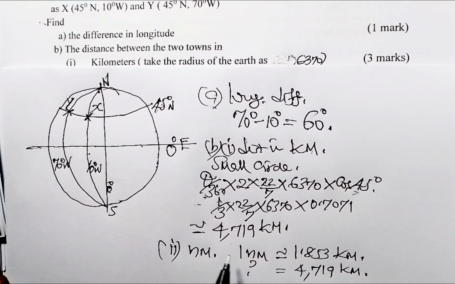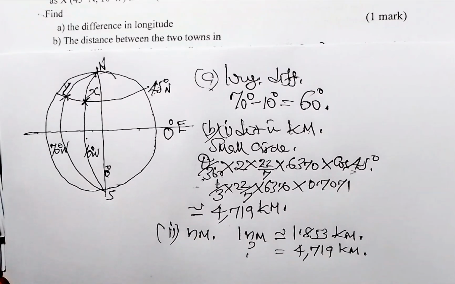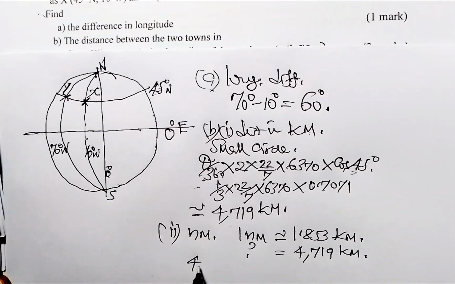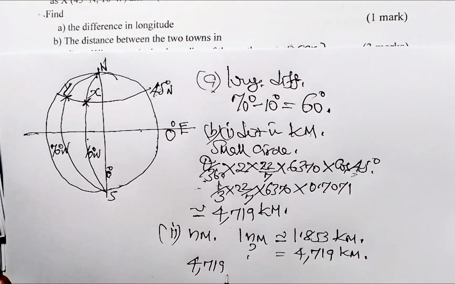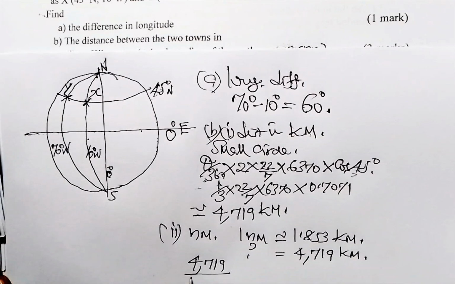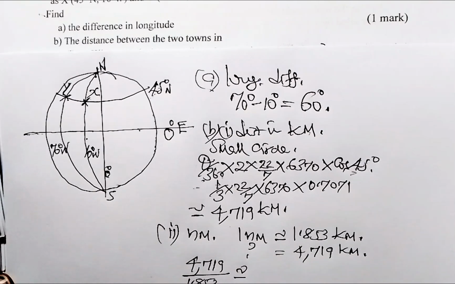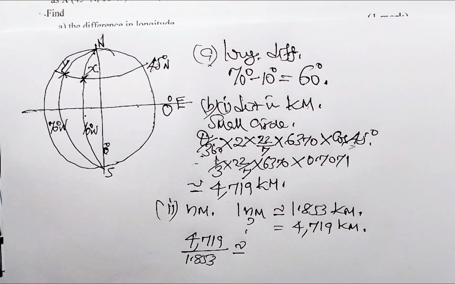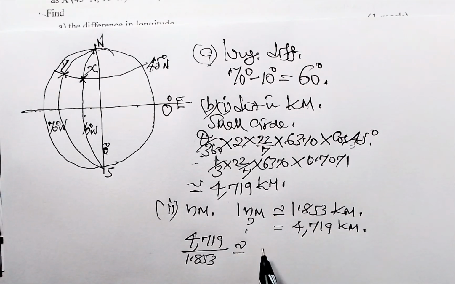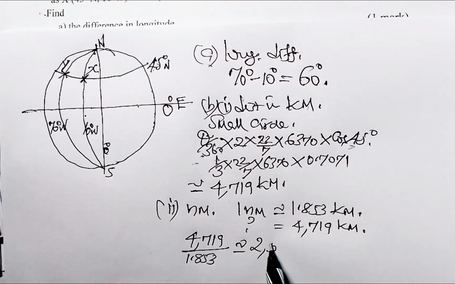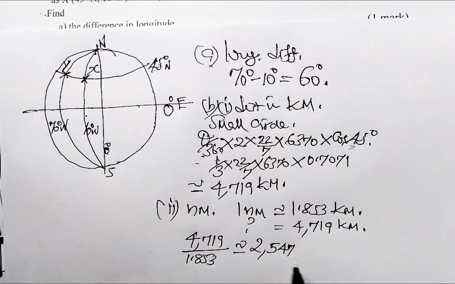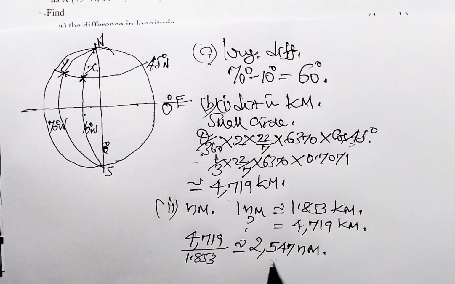You cross multiply and divide, so you'll get 4,719 divided by 1.853, which gives you an approximate value, using your calculator, of 2,547 nautical miles.